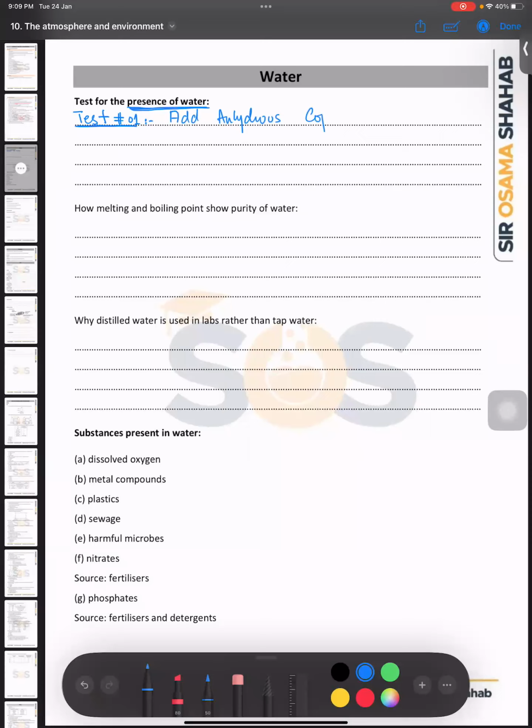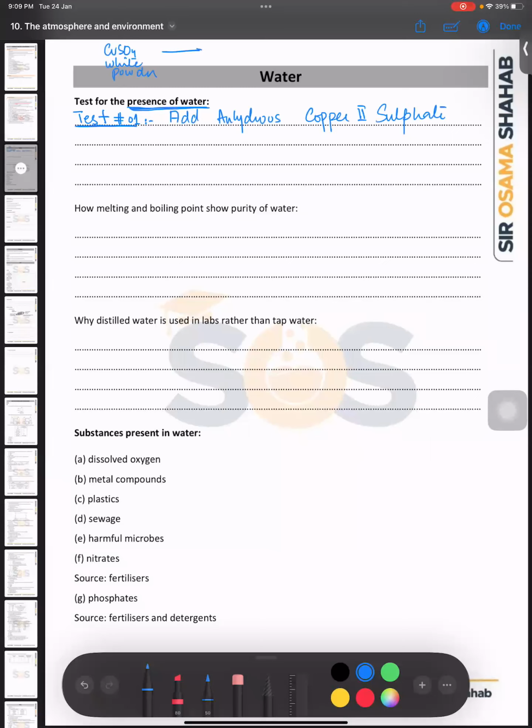Anhydrous, and you need to write the name copper(II) sulfate because it is a transition metal. So you must use the oxidation state of this. And you need to remember that copper(II) sulfate in anhydrous form is a white powder. It is a white powder, right?